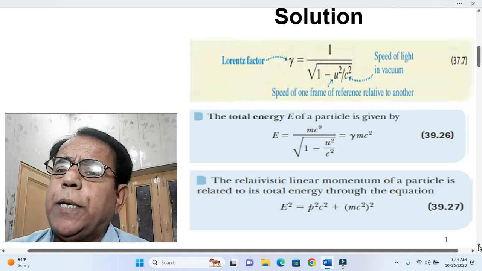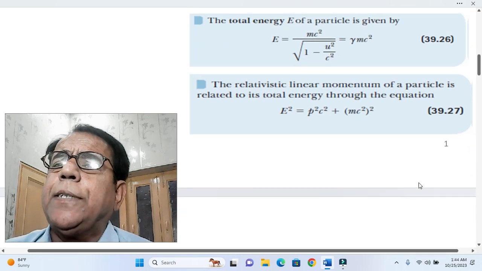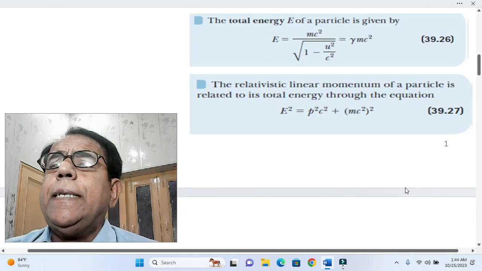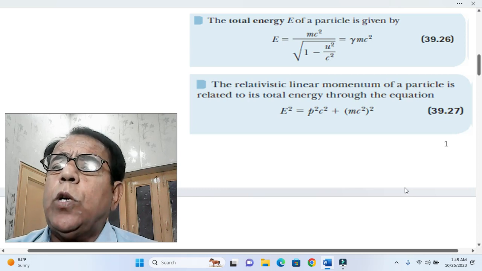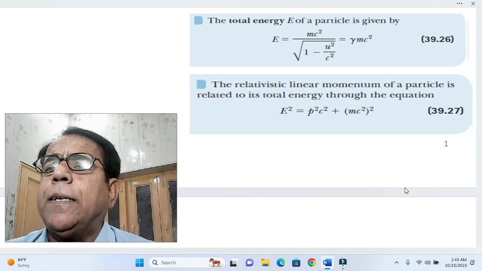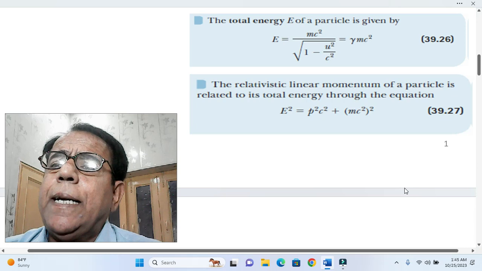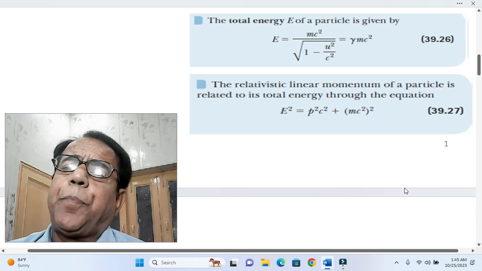The second snapshot is about the total energy. The total energy E of a particle is given by E equal to mc square over the square root of 1 minus u square over c square. This alternatively becomes equal to gamma mc square.